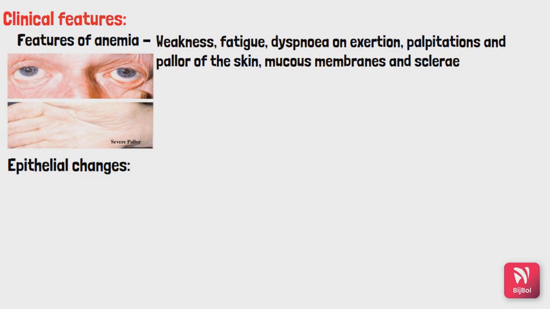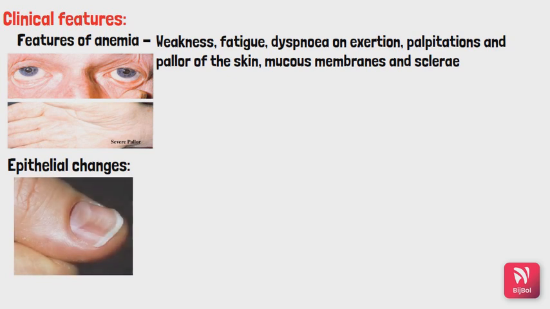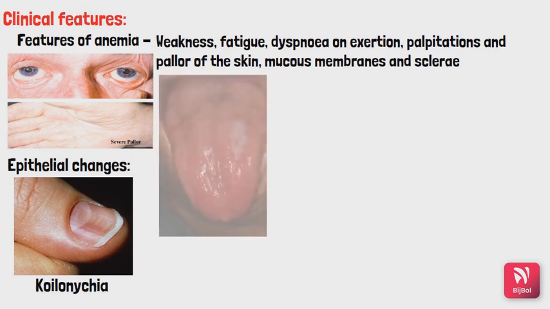As we are discussing iron deficiency anemia, there will be some epithelial changes also, and the first epithelial change is spoon shaped nails, which is nothing but koilonychia, as you can see in the picture. Next, there can be changes within the tongue: the tongue can become smooth, red and painful because of atrophy of the filiform and fungiform papillae.